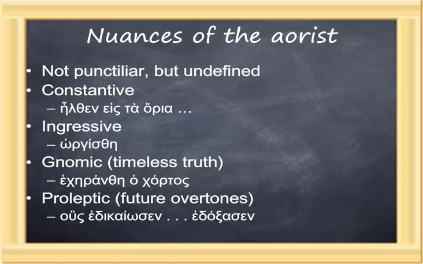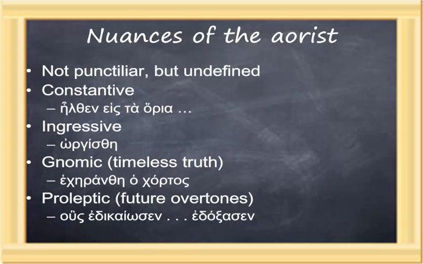In the Greek phrase, he came into the regions of, whatever that region might be, this is called a constative aorist, because someone coming into the regions of an area, that's not just a point action. It involves some ongoing work, but it has been completed. He came into the regions of.